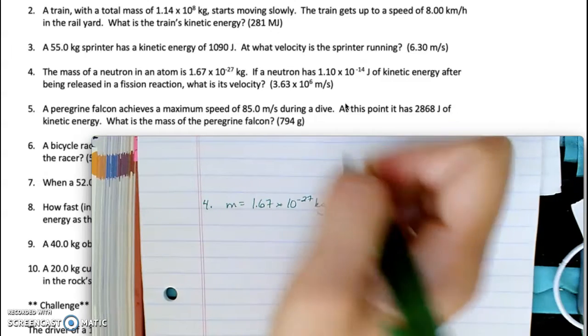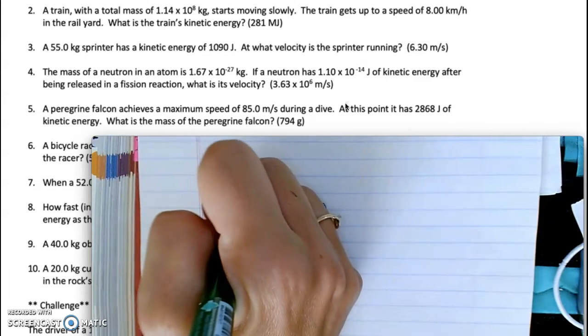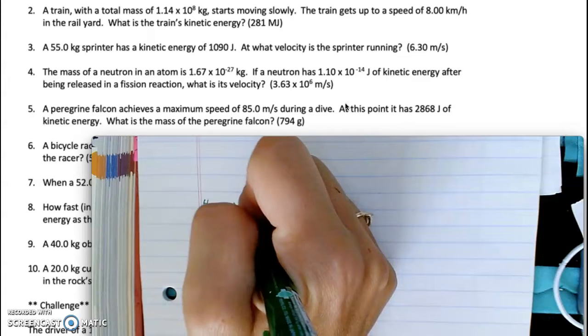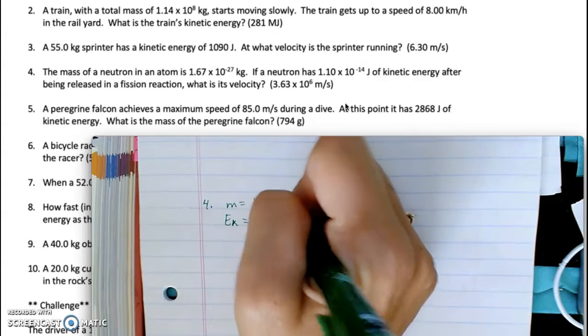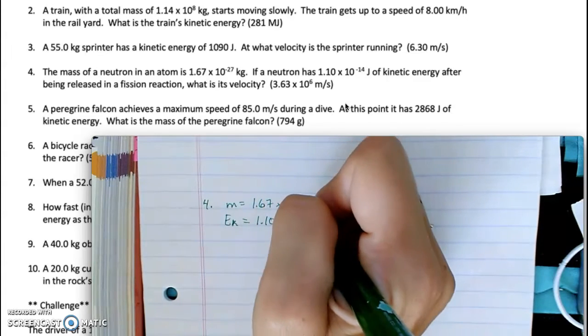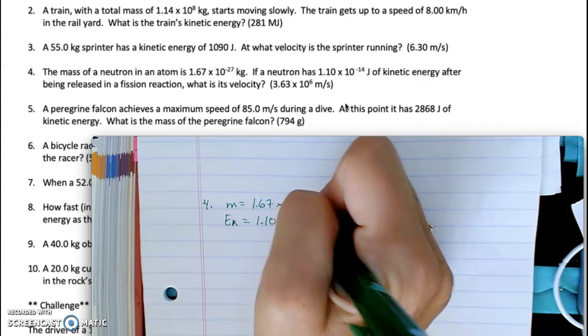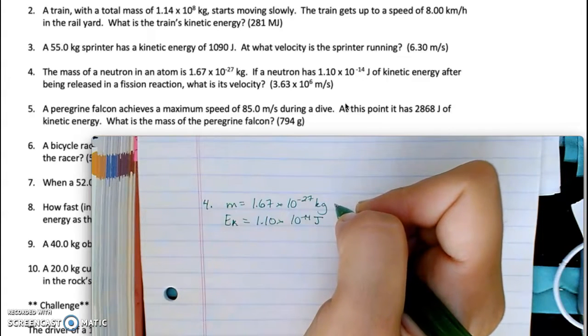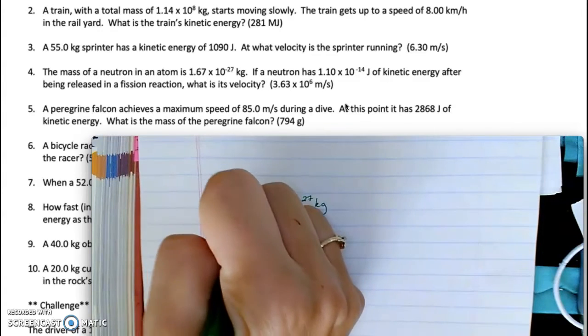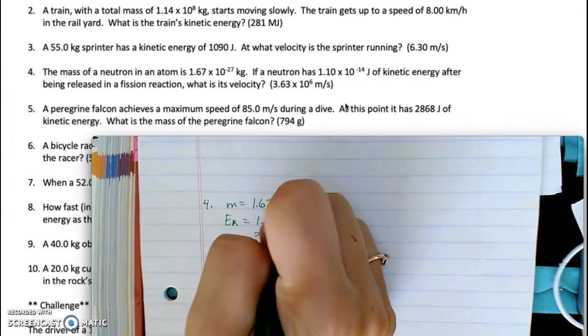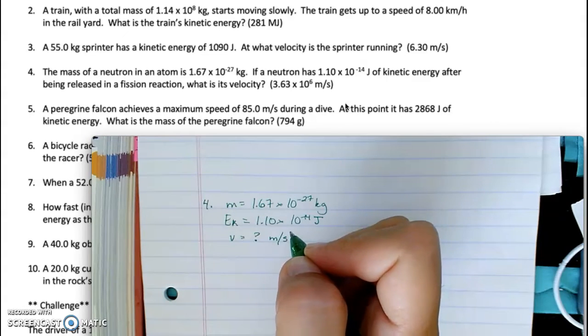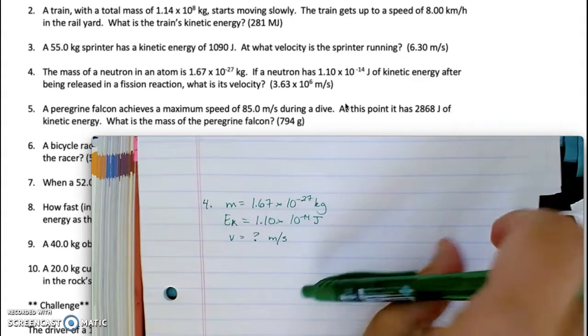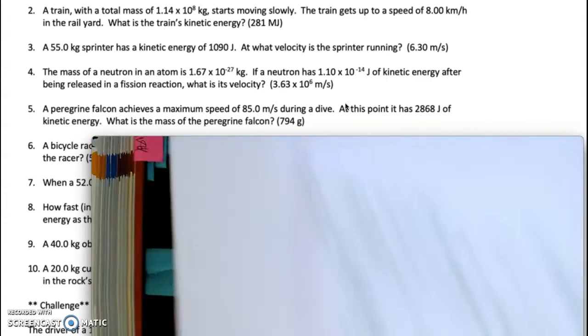And it has that much energy. An efficient reaction, and what's the speed? And they want it in meters per second. So we're going to get ready to do that.